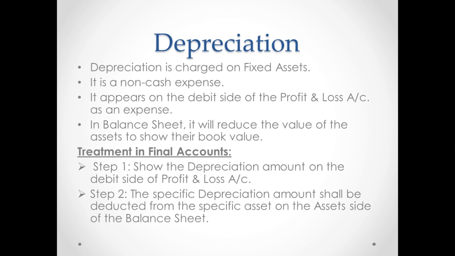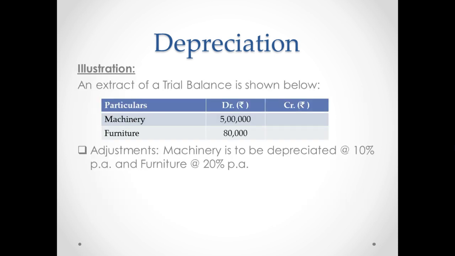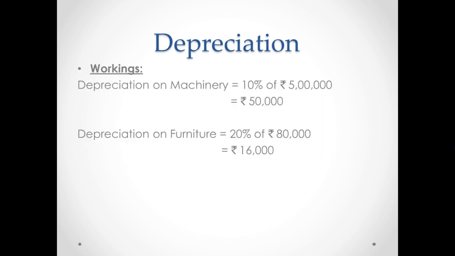Now, for explanation of depreciation adjustment, we have an illustration which gives an extract of a trial balance in which the balance of machinery is 5 lakhs and furniture 80,000. And the adjustments given are machinery is to be depreciated at 10% per annum and furniture at the rate of 20% per annum. Now the calculation part.